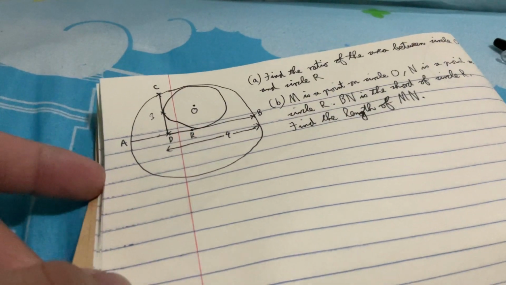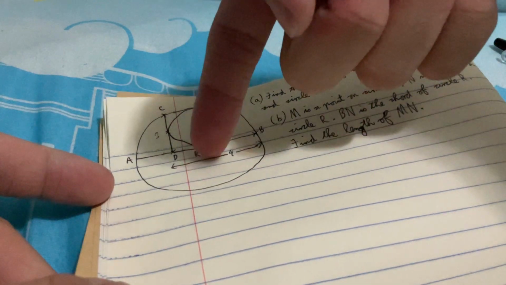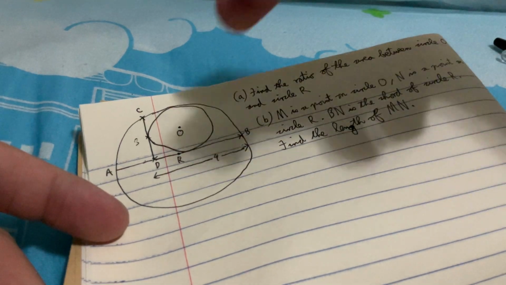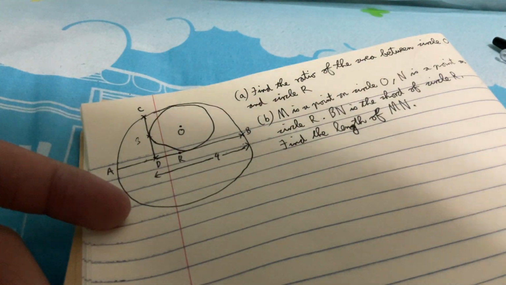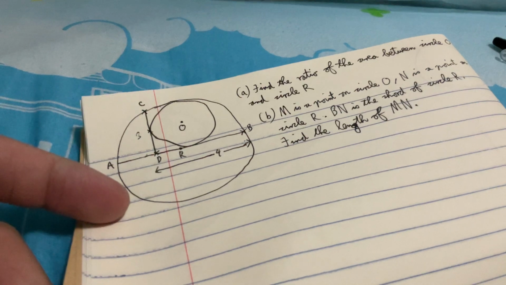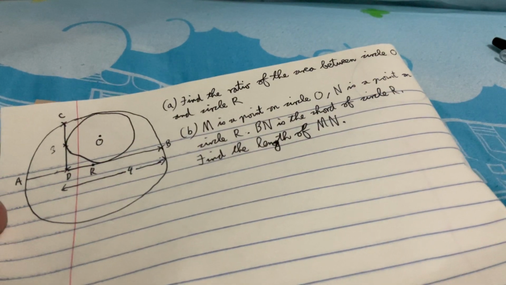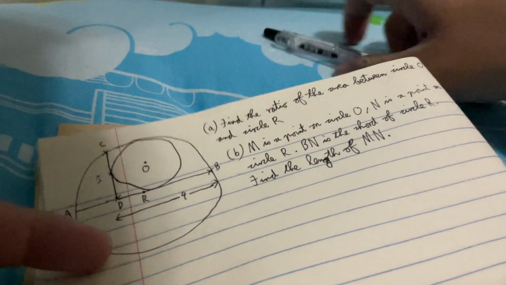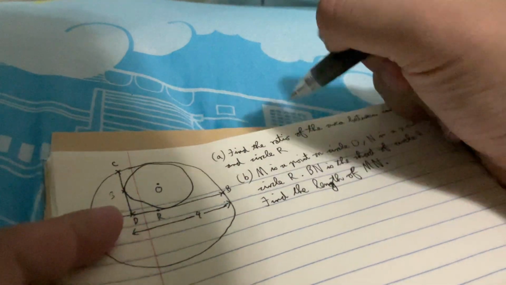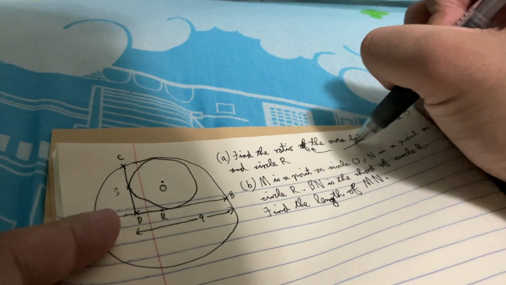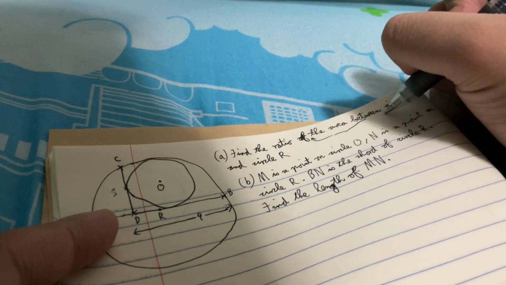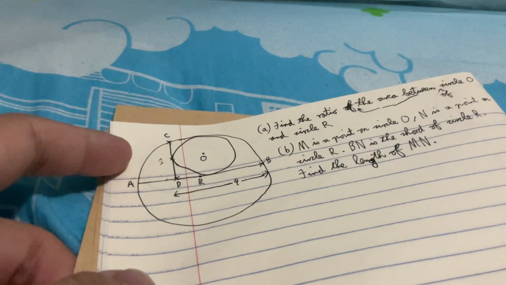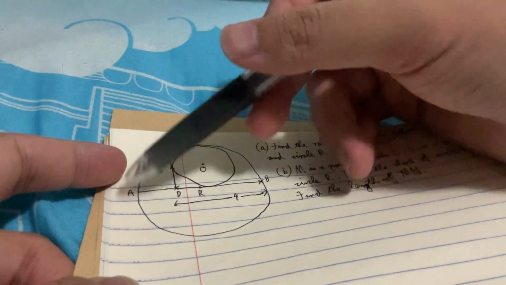The center of the big circle is R, and the center of the smaller circle is O. Here we are going to find the ratio between the area of circle O and circle R.